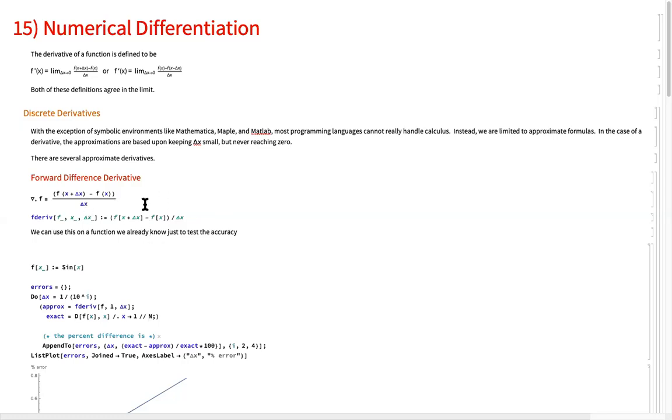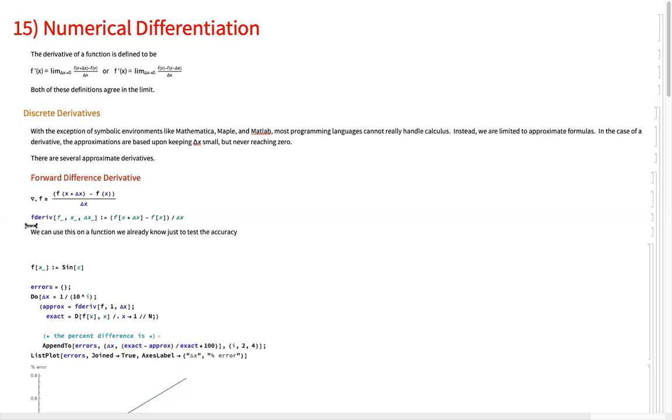any of those languages. Okay, so here's my forward difference derivative. What it should do is evaluate f of x plus a little bit, minus f of x, divided by the little bit.